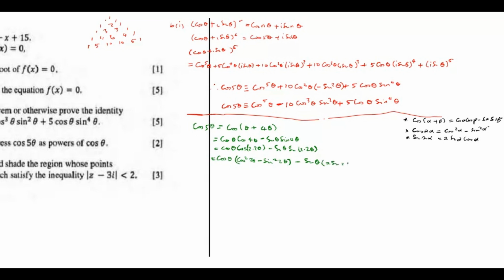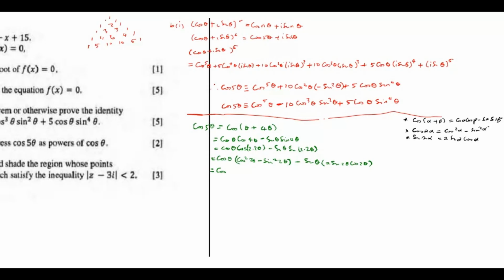Then we expand. If we are to remove brackets, we can expand here so that it becomes cos theta, then let's put a square bracket.